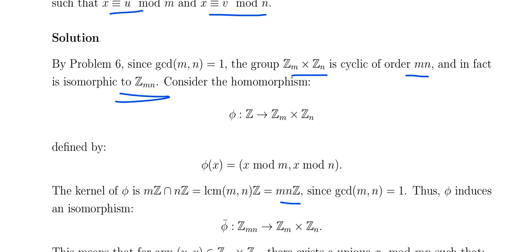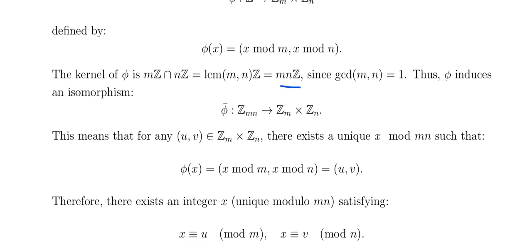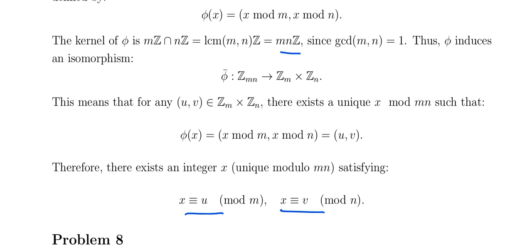Pi induces the isomorphism from Zmn to Zm cross Zn. Therefore for any (u, v) in Zm cross Zn, there exists a unique x mod mn such that pi of x equals (x mod m, x mod n), that is (u, v). Therefore there exists an integer x, modulo mn, satisfying x congruent to u mod m and x congruent to v mod n. Okay, this is the idea.